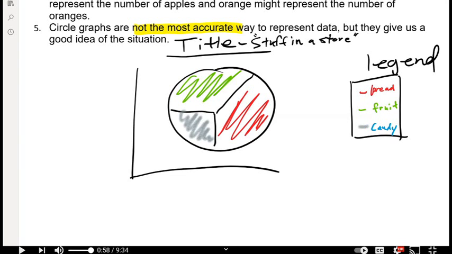I could say what the stuff is in the store, but this graph means nothing to me unless I have a percentage for each part of this. So maybe this is 34%. This green one is 36%, right? And then this gray part is 30%, right?